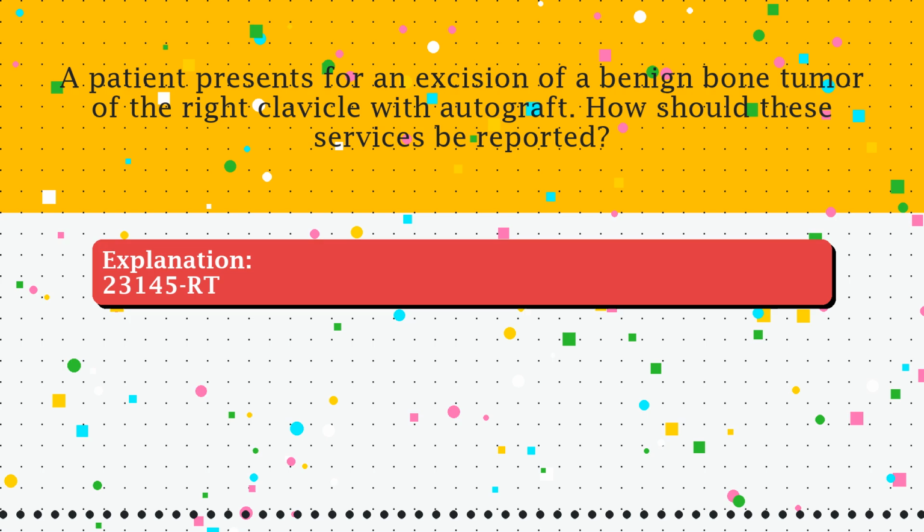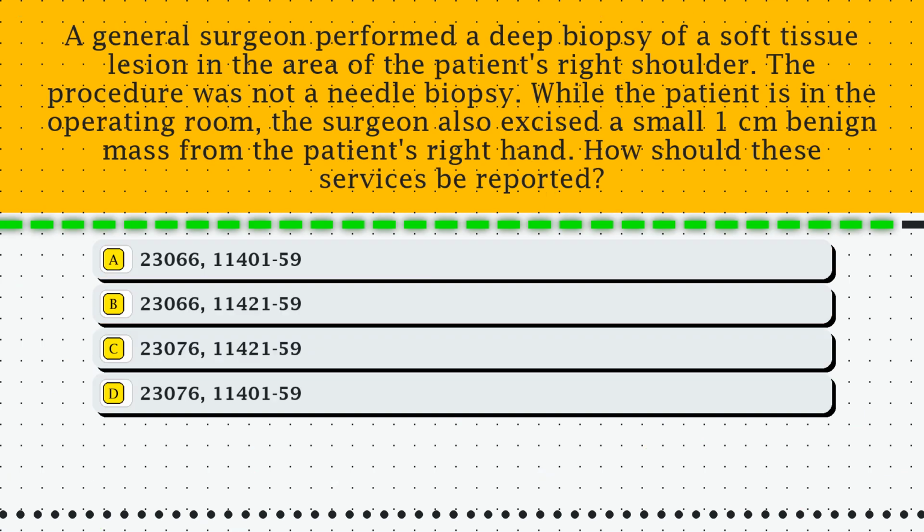Question 53. A general surgeon performed a deep biopsy of a soft tissue lesion in the area of the patient's right shoulder. The procedure was not a needle biopsy. While the patient is in the operating room, the surgeon also excised a small 1 cm benign mass from the patient's right hand. How should these services be reported?